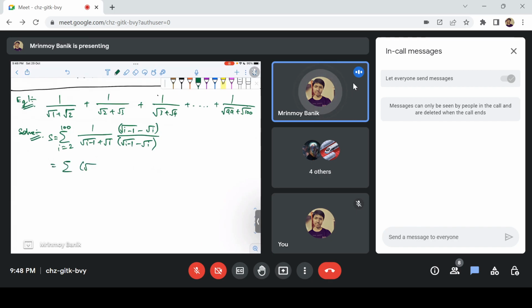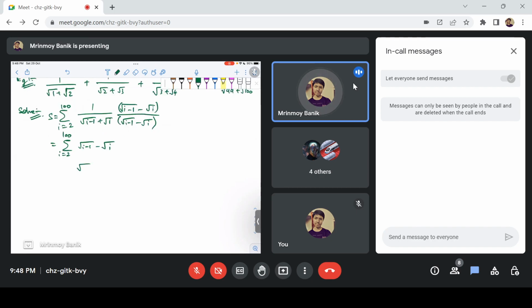You get square root of I minus 1 minus square root of I. So that's just root 1 minus root 2, root 2 minus root 3, up till root 99 minus root 100. So they get cancelled. You get root 1 minus root 100.